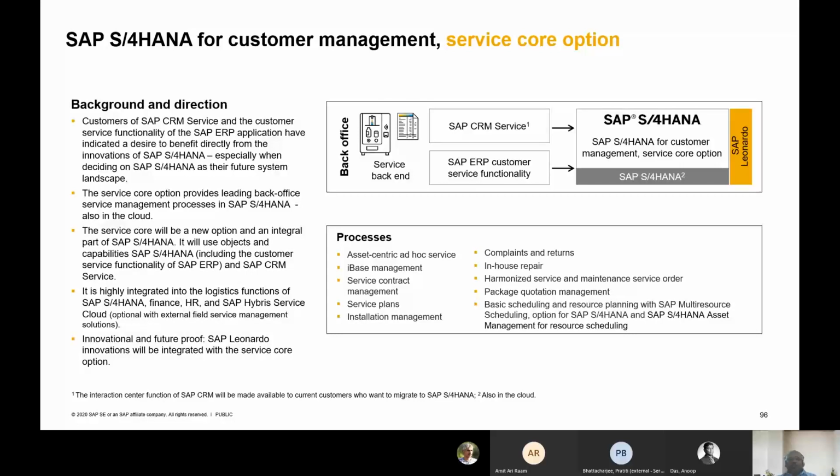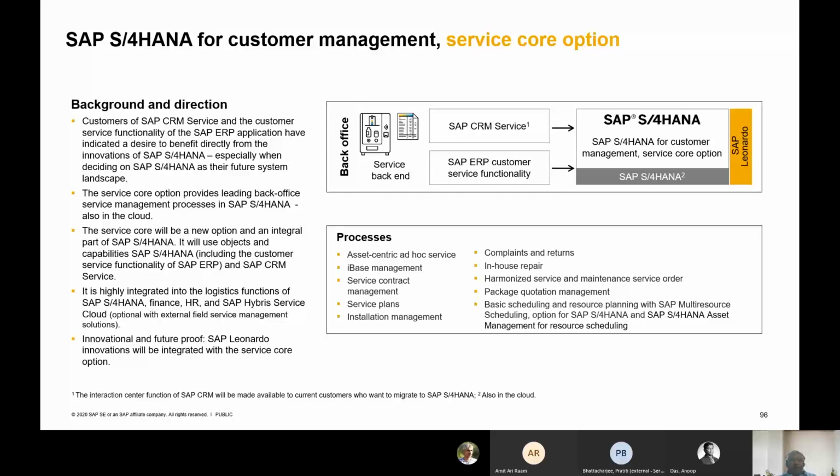So we have a customer management service option which allows you to have your install base management, your service contract, your service plans, your installation management, and it is highly integrated with the logistics functionalities. And along with that, if you have integration with your cloud service, whether it is hybrid or S4HANA cloud as such, we also have innovations enabled for these functionalities through Leonardo also.